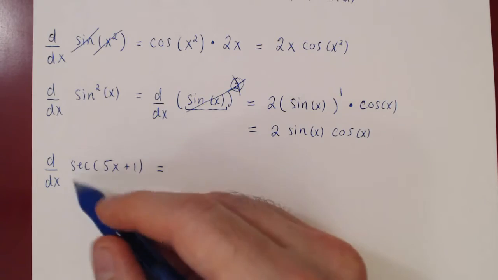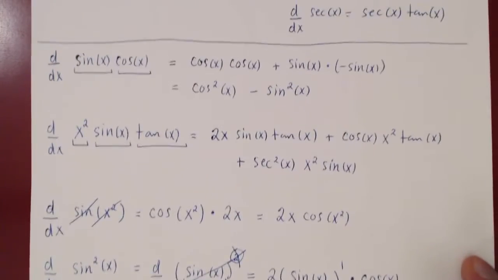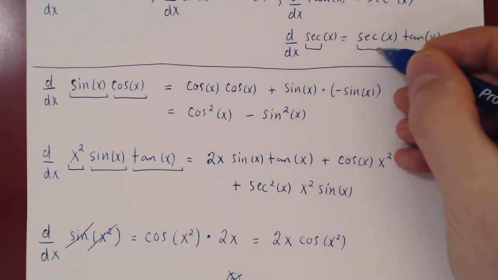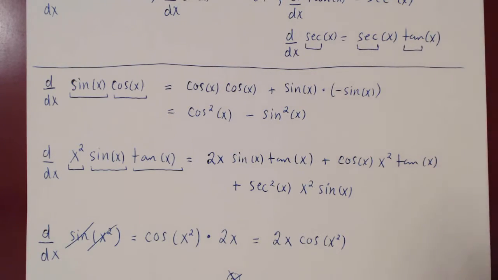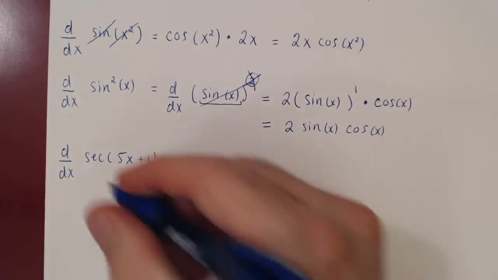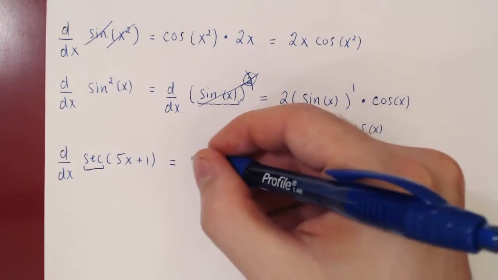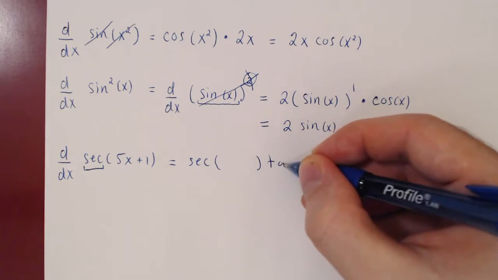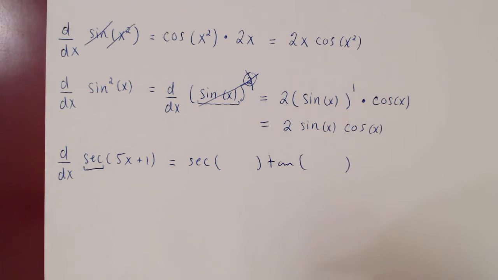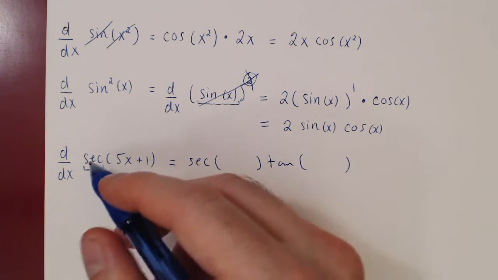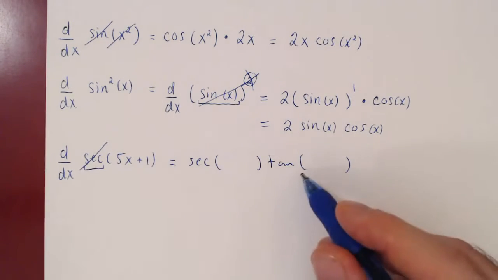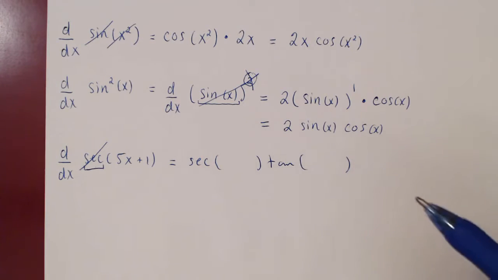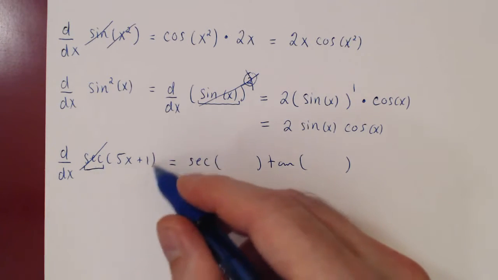So the outside function is secant, and the derivative of secant is secant times tangent. That's the derivative of secant, secant tangent, cross it off, of what? What is the argument of both of these functions? The argument is whatever is left over.